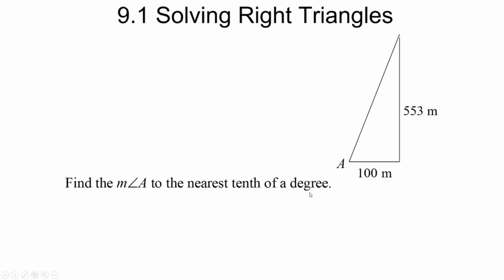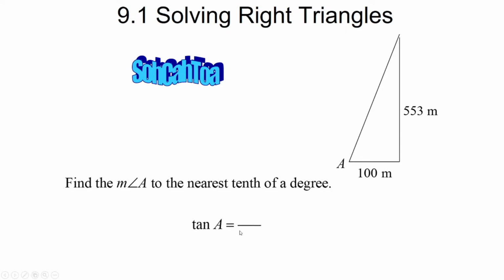So look at what they've given us in this right triangle. The 553 meters is opposite the acute angle A, and the 100 meters is adjacent. So again, I'm thinking SOHCAHTOA and opposite to adjacent. Tangent is opposite to adjacent. So I'm going to start with tangent of the acute angle A is, and what's my trig ratio here?